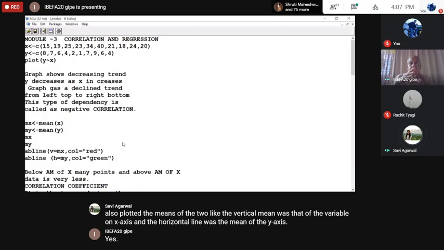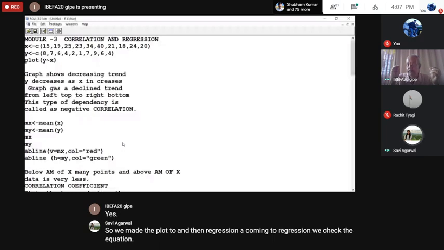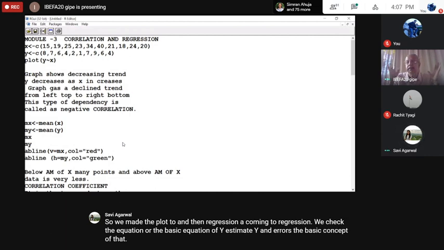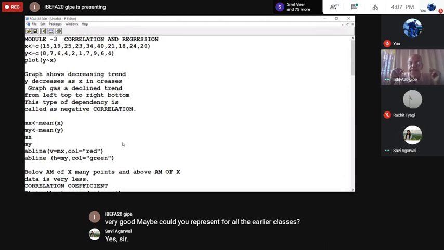So we made the plot too, and then coming to regression, we checked the basic equation of y estimate, y and errors, the basic concept of that. Very good. You were present for all the earlier classes? Yes, sir.